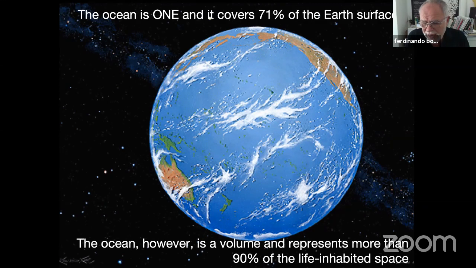So more than 90% of the life inhabited space is the water column. We cannot consider just surfaces, not the surface of the ocean or the surface of the sea bottom, as the Habitats Directive is doing. We need to know also what is in between these two surfaces.